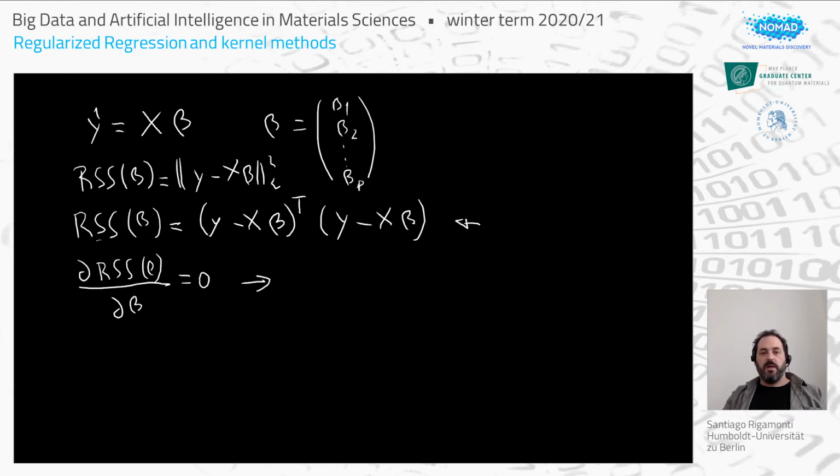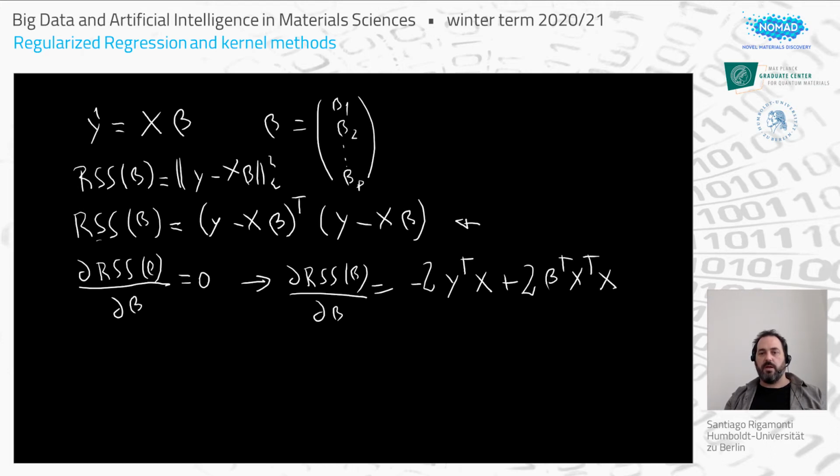When you do that, this is an exercise for you, you will see that the gradient is equal to minus 2 y transpose x plus 2 beta transpose x transpose x, and we equate this to 0. When you equate this to 0, you will find that you need to solve the following thing. Now we transpose the whole expression and we get this: x transpose x beta must be equal to x transpose y.